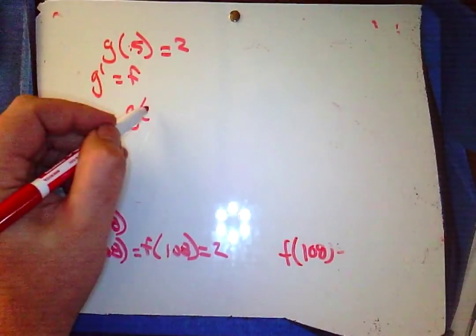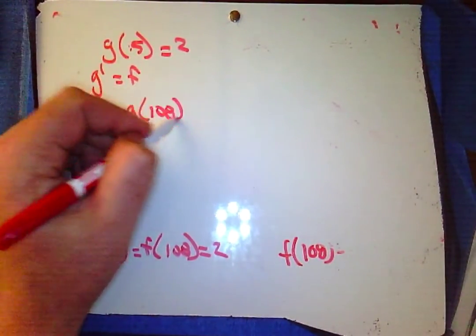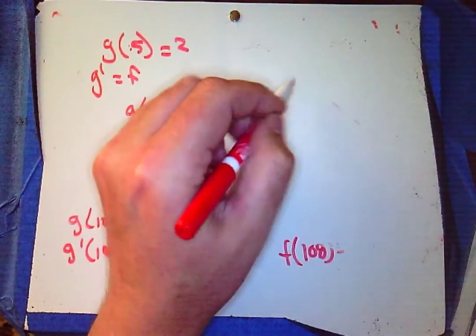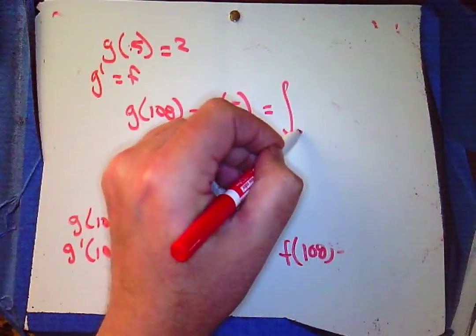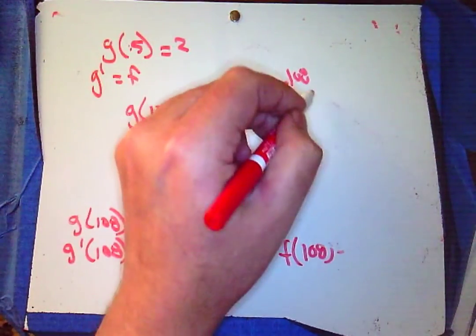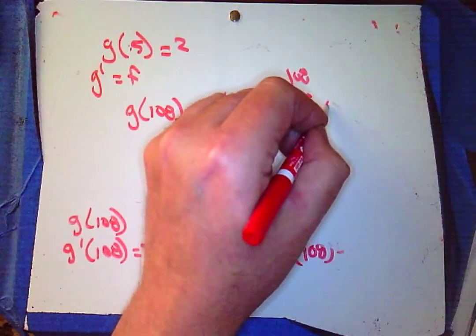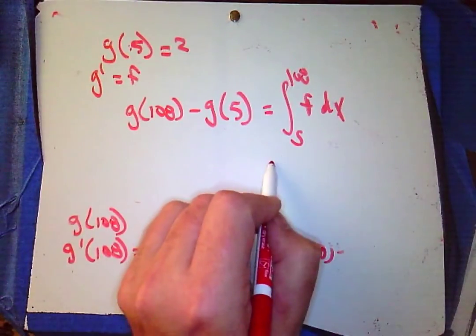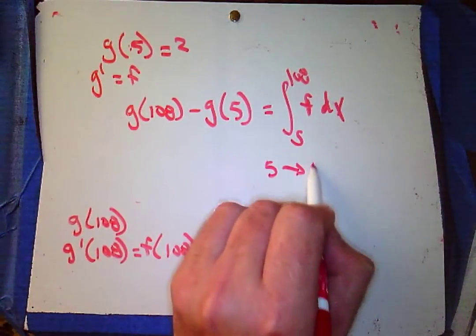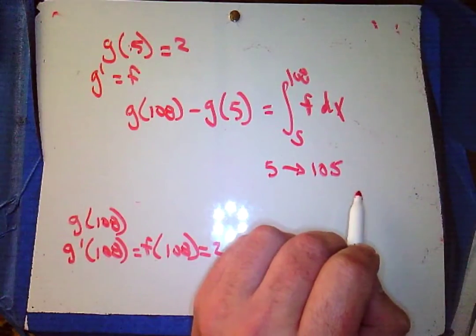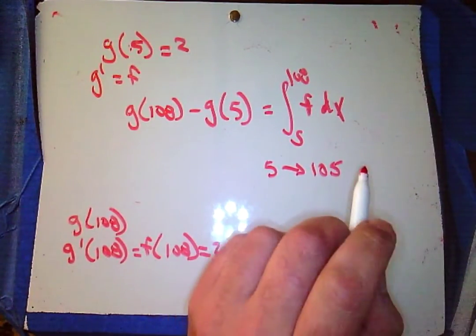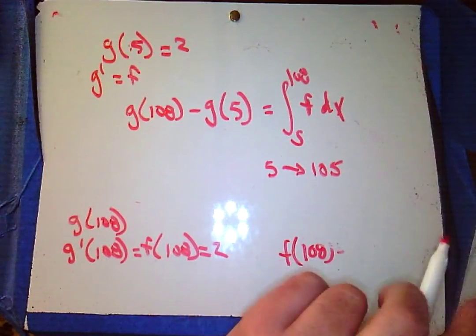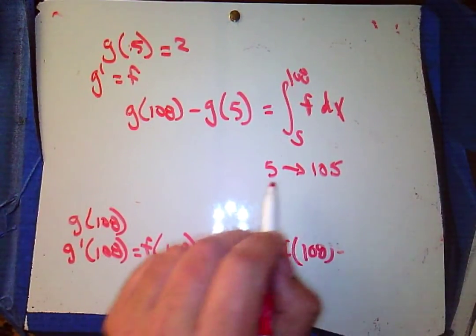So g of 108 minus g of 5 equals the integral from 5 to 108 of this graph. Now, from 5 to 105, we're just repeating the same shape over and over, 21 times.